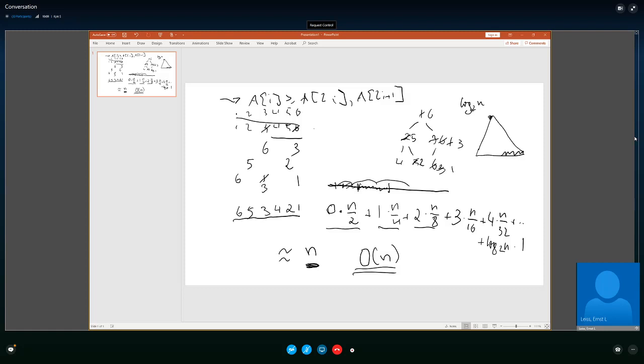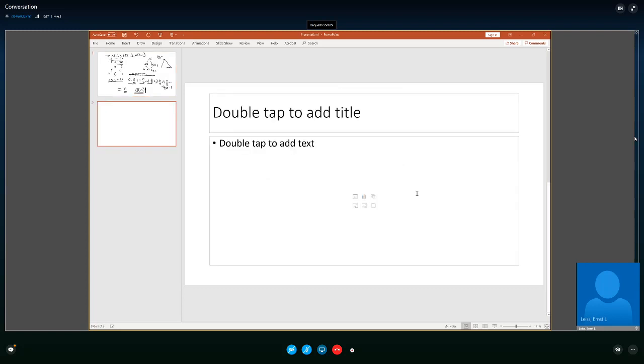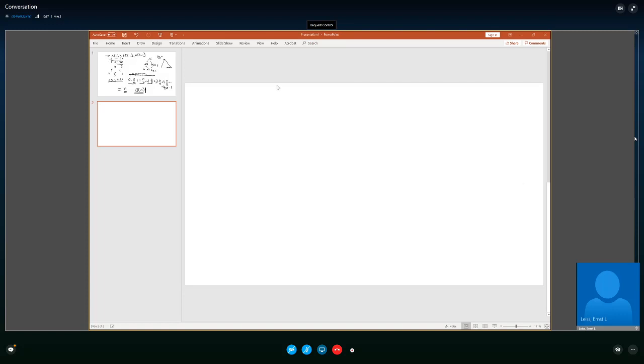And it is clear that regardless of what is in the array, the amount of time that is necessary to carry this out is no more than order of n. And so then we are going to look at what is it that we can do once we have the heap.